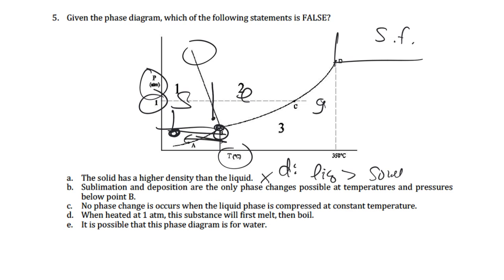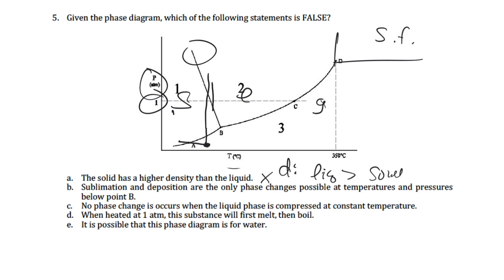Let me erase a little bit here. Imagine you have a substance at this temperature and pressure. If you add pressure, we can solidify. If you keep adding pressure, we can liquefy. And if you take this pressure here and lower the temperature, we can solidify. So you can have phase changes by changing temperature or pressure.